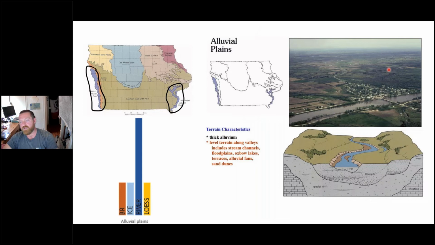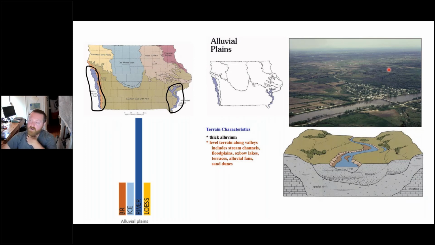So the alluvial plains off of the Mississippi and Missouri rivers are pretty straightforward. They're caused by giant rivers depositing material. Most of it is glacial sediment in both settings. As you have giant areas of melting ice, you're going to put out so much sediment, because that ice has that in it too.